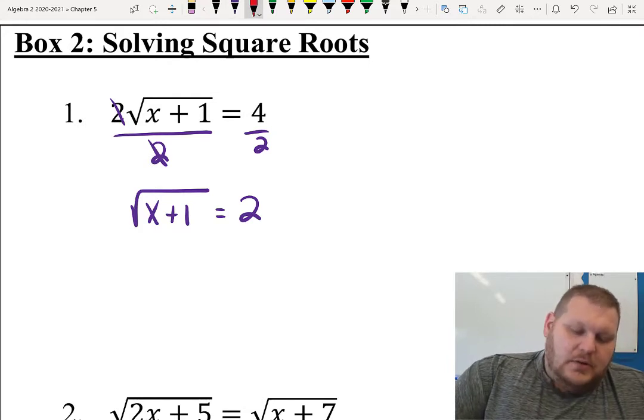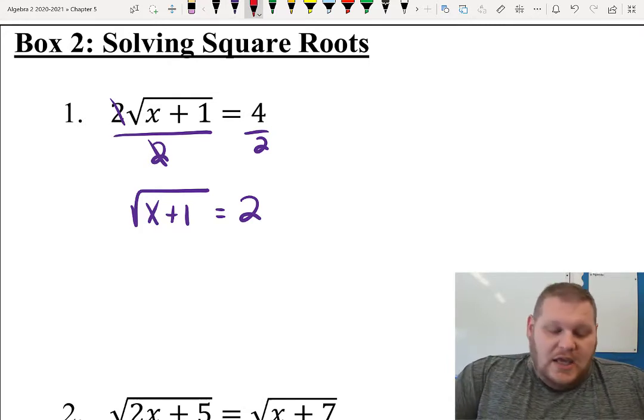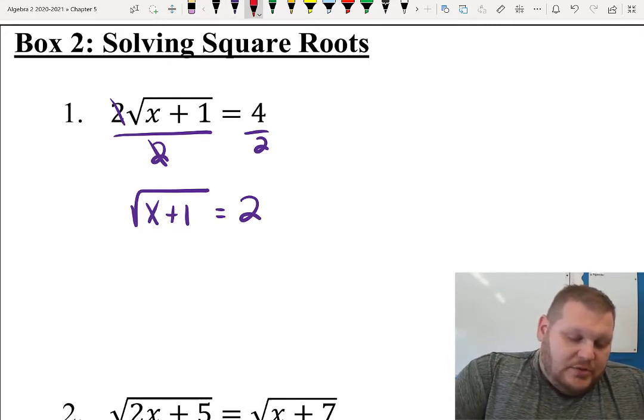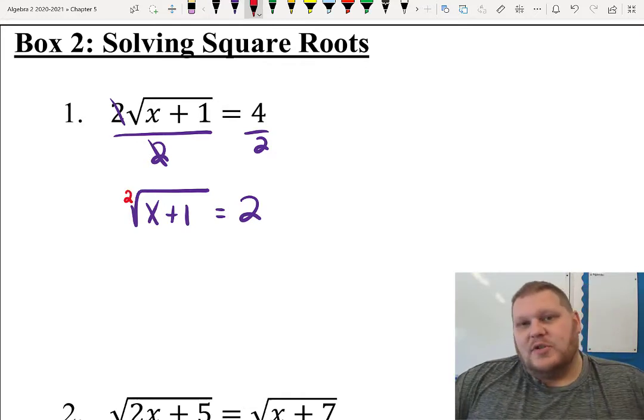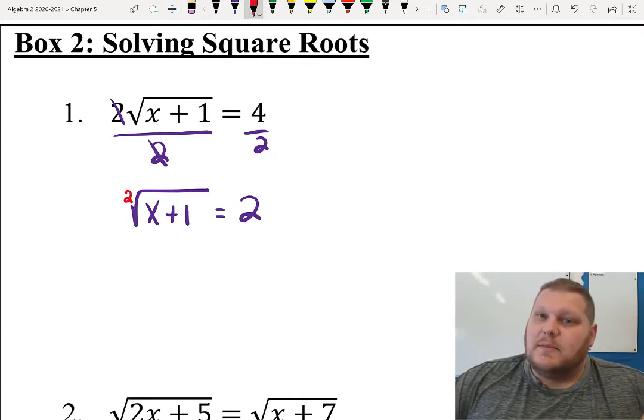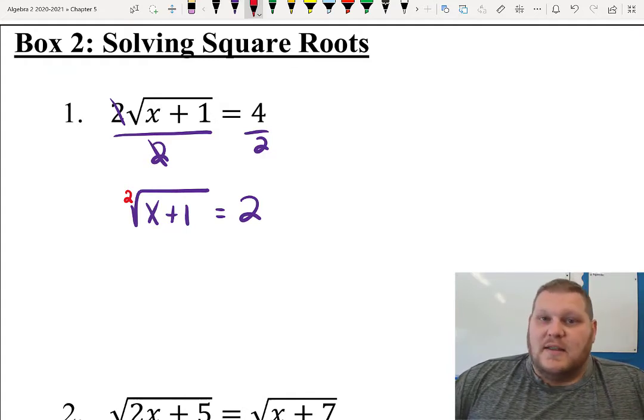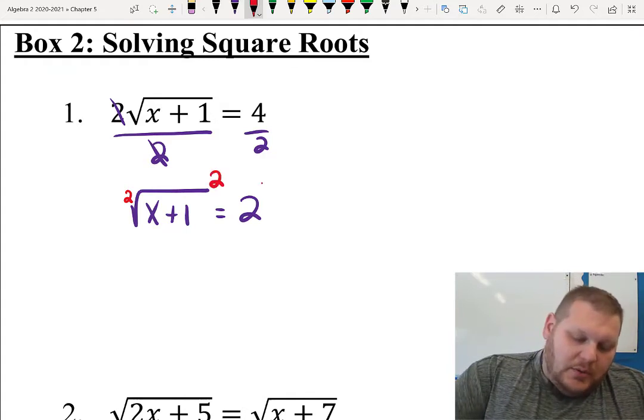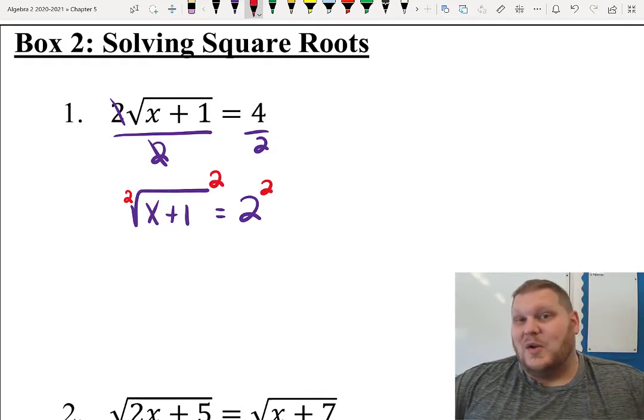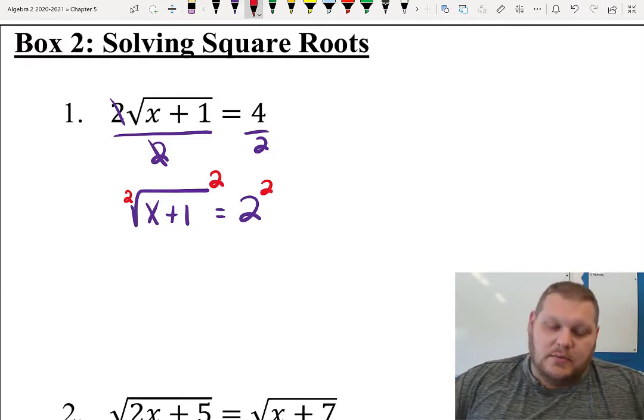So from here, now that I have my radical by itself, even though I don't see a root written here, we know that anytime we have a square root, if we don't see a number written there, it's implied that it's a 2. So if I'm trying to cancel that out, I would have to square both sides, because what I do on one side of my equation, I have to do to the other.